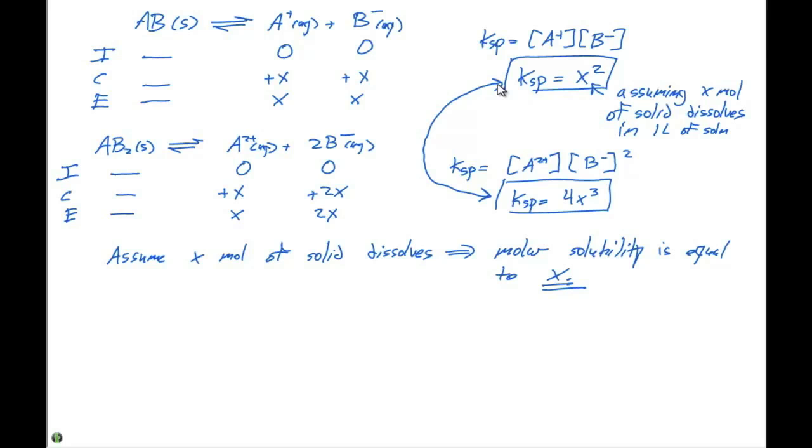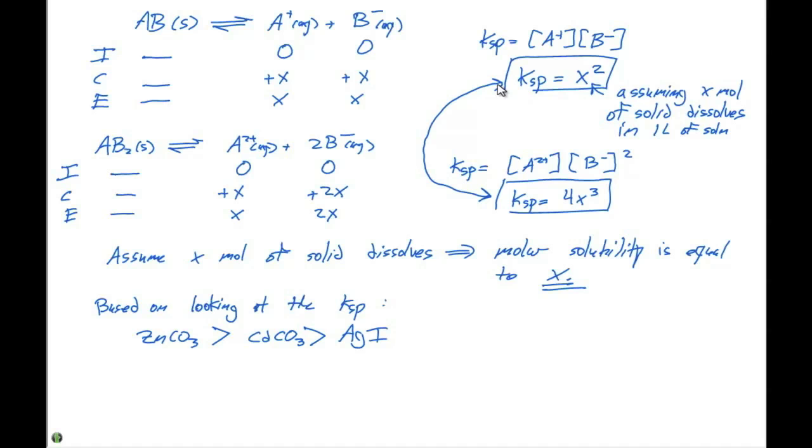So based on looking at the KSP, we can make two conclusions. Conclusion number 1 is that zinc carbonate, or ZnCO3, is going to have a greater solubility than cadmium carbonate, which is going to have a greater solubility than silver iodide.